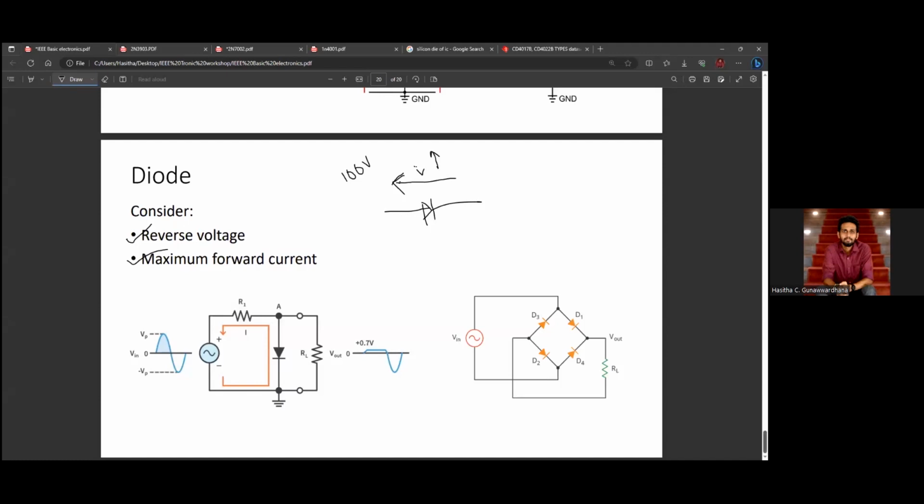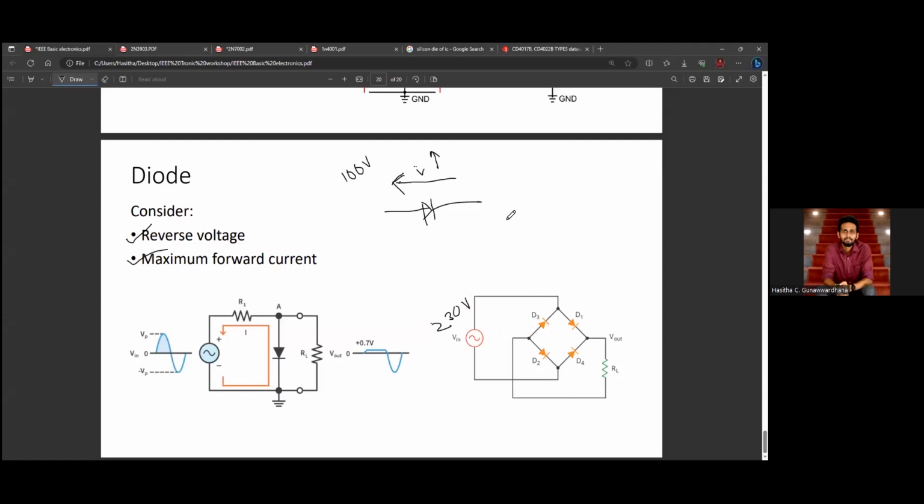So if we go to, for example, this configuration, you may know about this. This is a diode bridge with full wave rectification. Here, assume we connect this to our main supply. This is 230 volts, but this 230 volts is the RMS value.